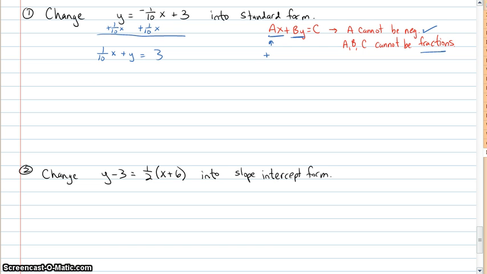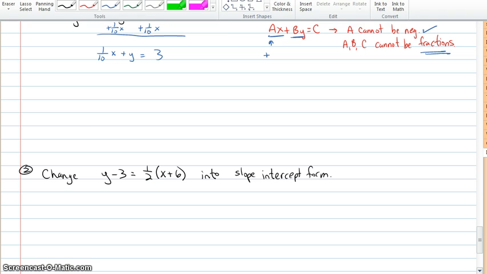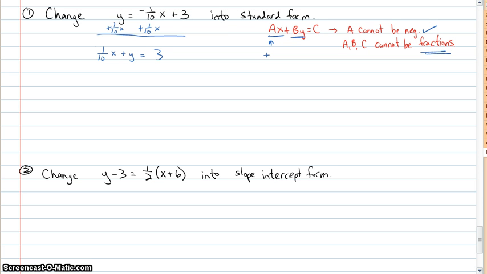Secondly, I cannot have fractions. So what do I need to multiply by in order to get rid of this division by 10? I multiply by 10. So this becomes x plus 10y equals 30. And that is changed into standard form.